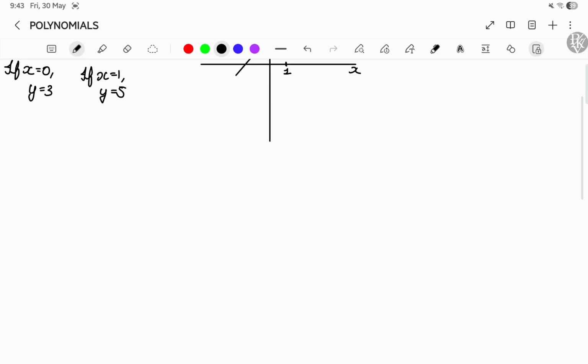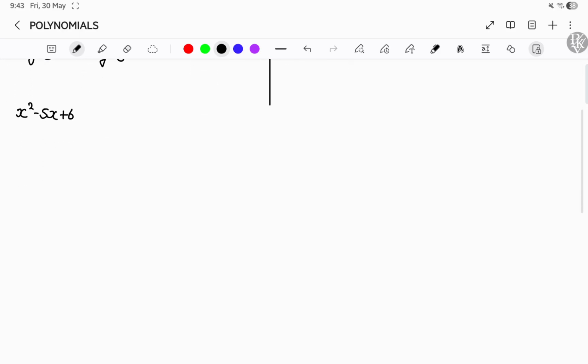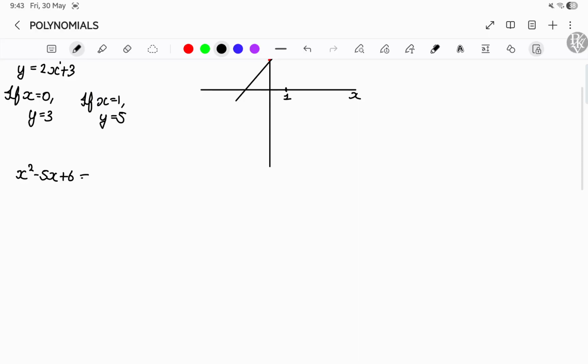Now let's say that the degree of the polynomial is 2. Something like x square minus 5x plus 6. If we want to plot this on the coordinate axis, what do we do? For this, let's equate them to y and let's have our coordinate planes here.